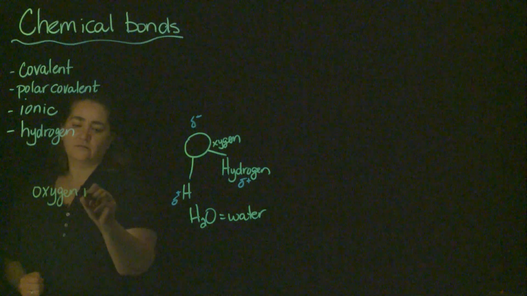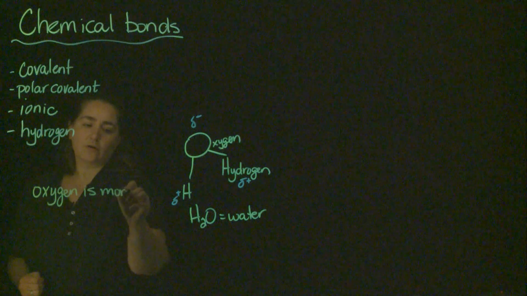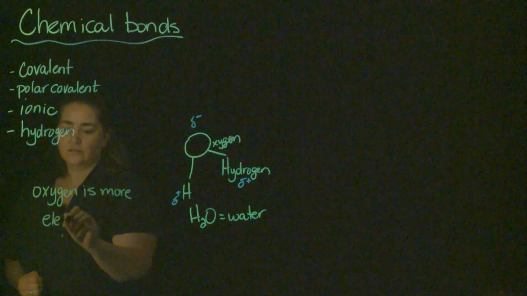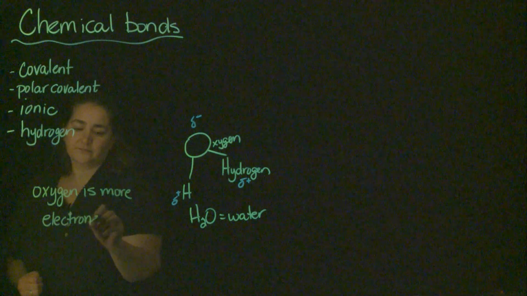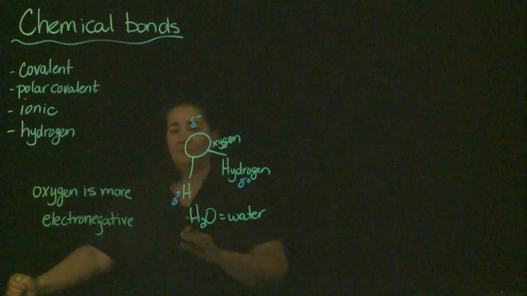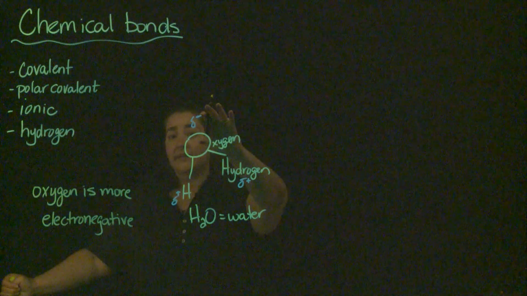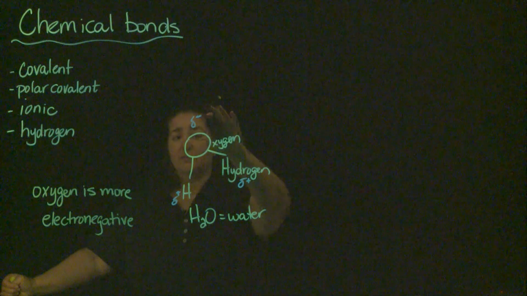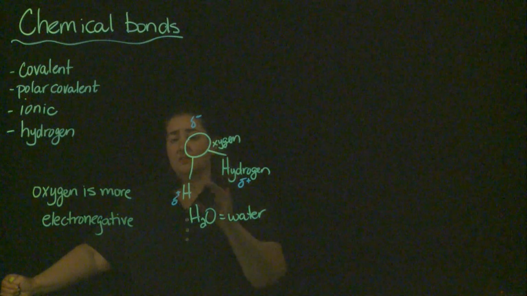In terms of what's going on there, when we talk about oxygen, oxygen is more electronegative. And all electronegative means is it has a slight negative charge associated with it. So remember, oxygen is our selfish kid.